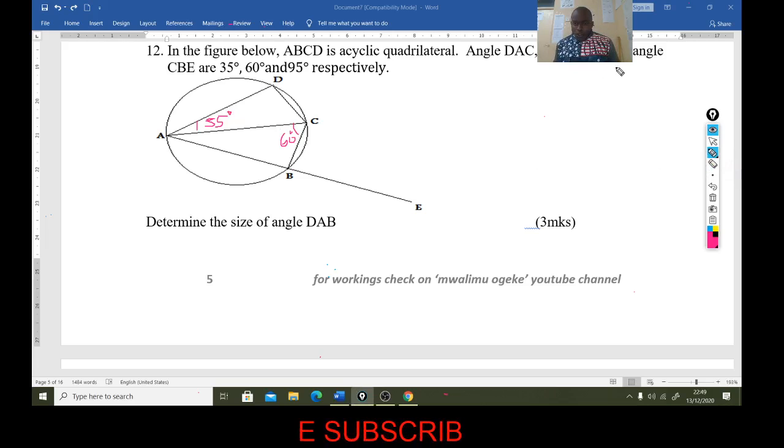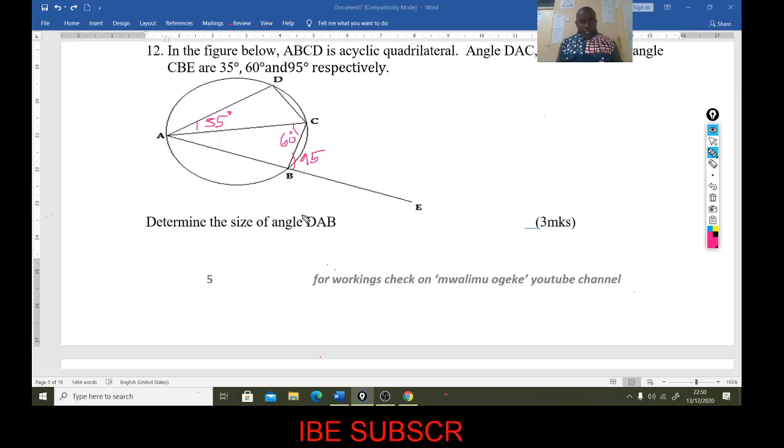And then you are also told that angle CBE, this outside angle, is 95.